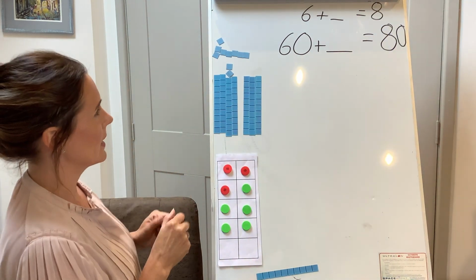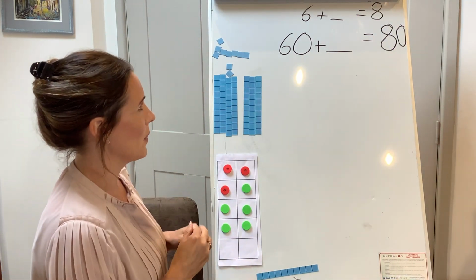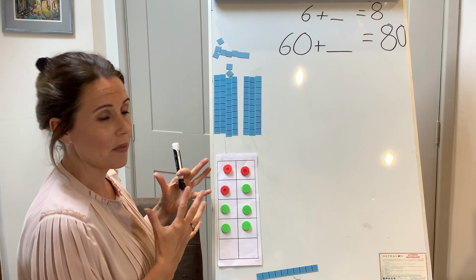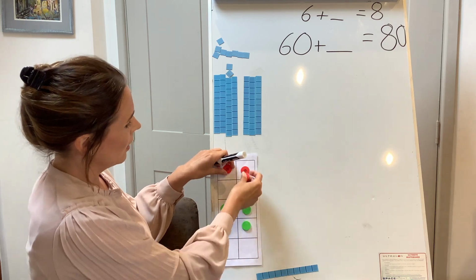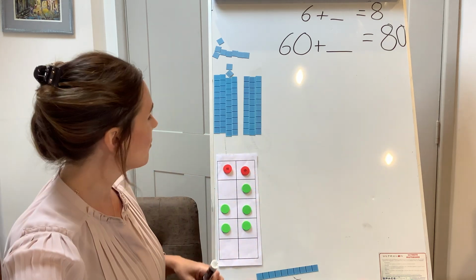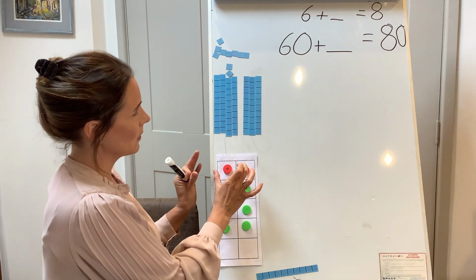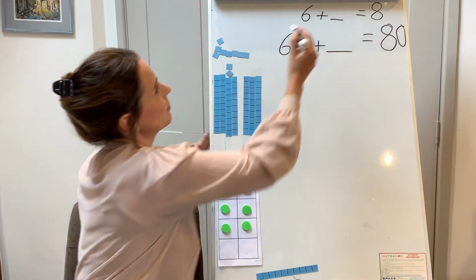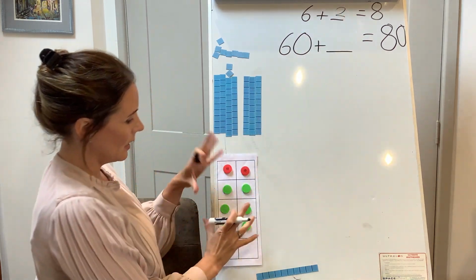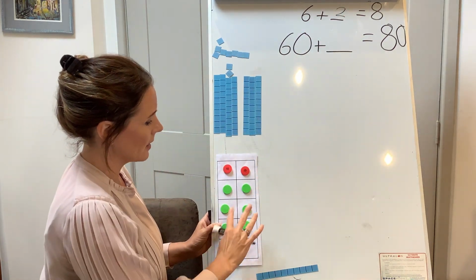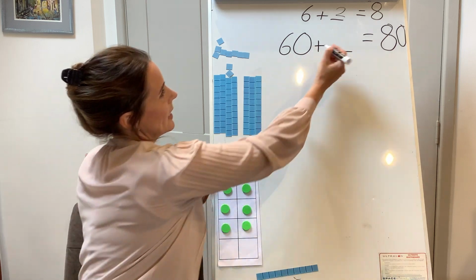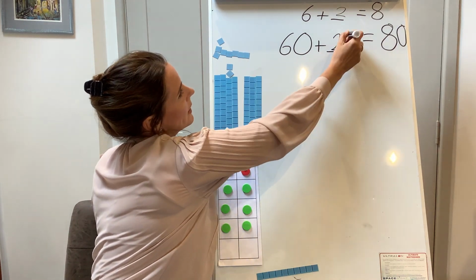So how do we get to 8? Well, I know my number bonds to 8, so I know instantly what goes with that. But if you didn't, you could have 6 ones add 2 ones would make 8. So that means if you see these now as 60, as tens, 60 add 20 is equal to 80.